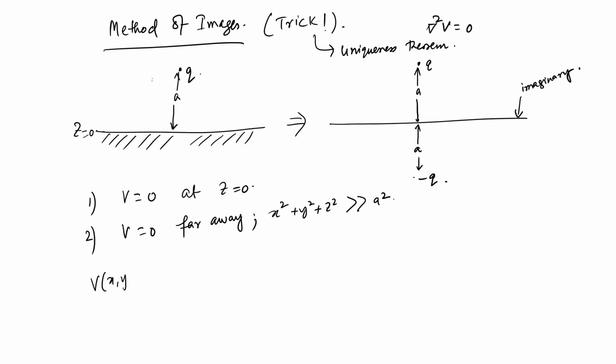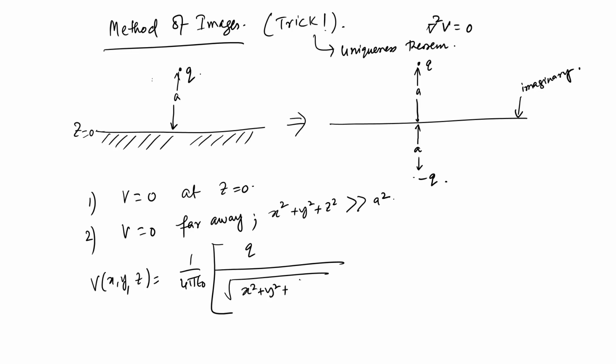Let us write down V of x, y, z as 1 by 4 pi epsilon 0, times q divided by root over x square plus y square plus z minus a whole square, and this is for the top charge.